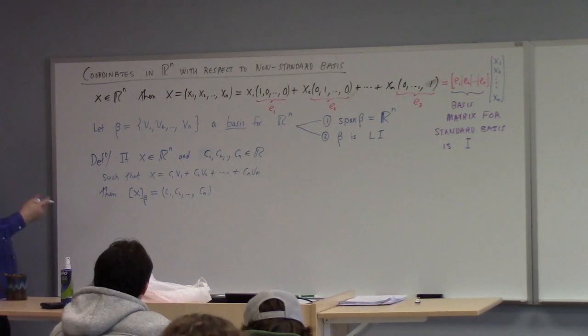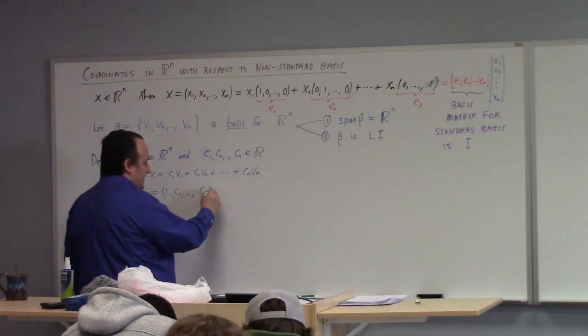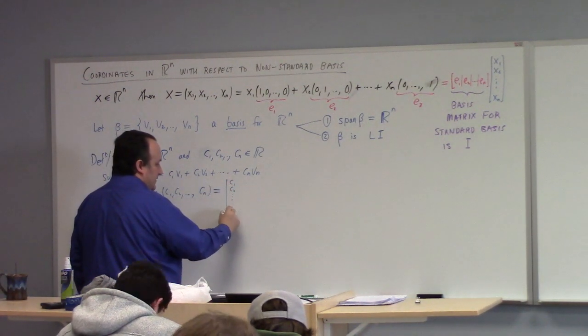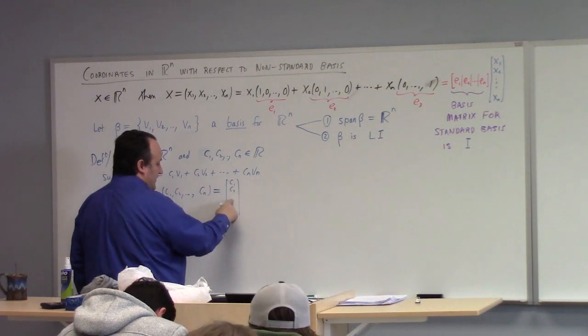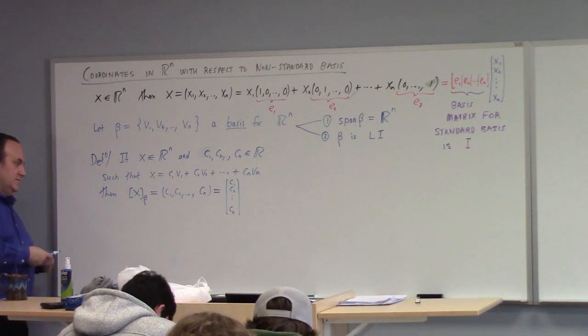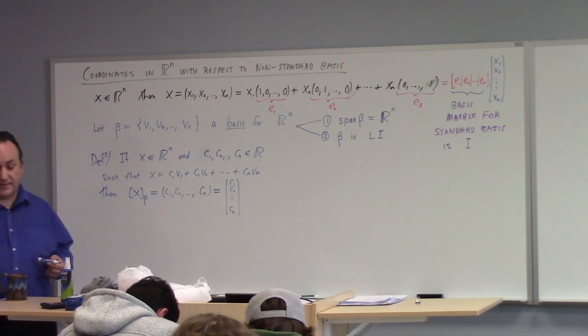And do remember our convention here. This is a short notation for a column vector, right? I got this sneaky hidden column vector notation. So the coordinate vector is itself a column vector.